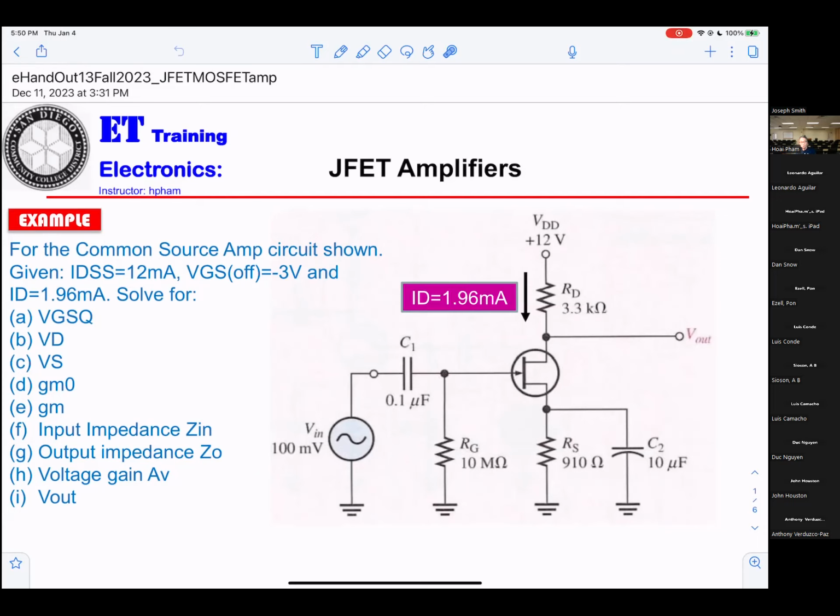You can get the first one, fixed bias. The second one, self bias. And the next one will be divider bias. So if you're looking into this circuitry, you can tell me what type of DC bias makes this JFET work. What type?